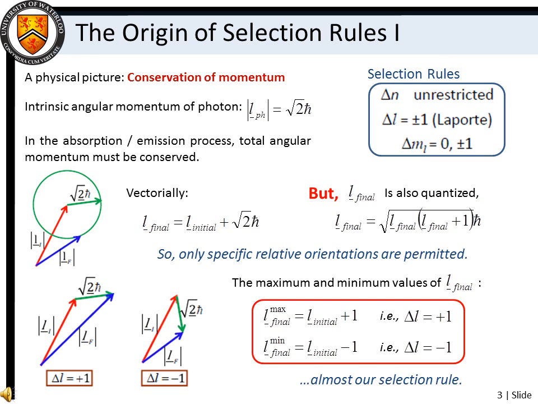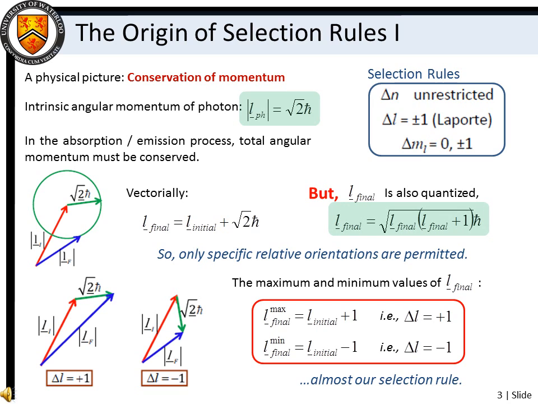One way to think about the origin of selection rules is to view a transition between quantum states from a conservation of angular momentum perspective. In an absorption or emission process, the total angular momentum must be conserved. First, recall that photons have intrinsic angular momenta and that the orbital angular momenta are quantized.